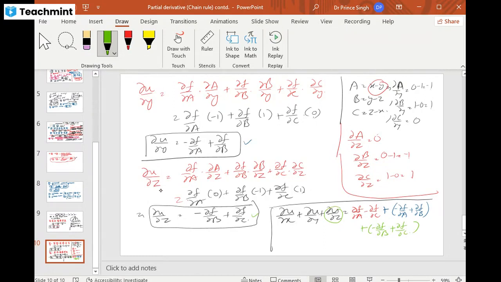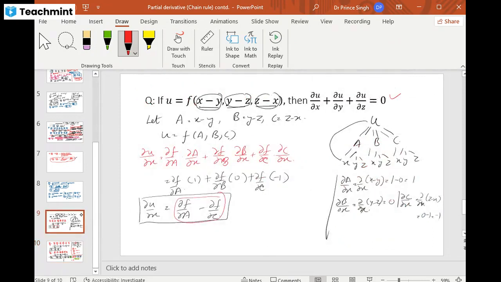Now you can see that a cancels out with a, c with c, b with b, because all the derivatives have opposite signs. So the value of this sum comes out to be 0.